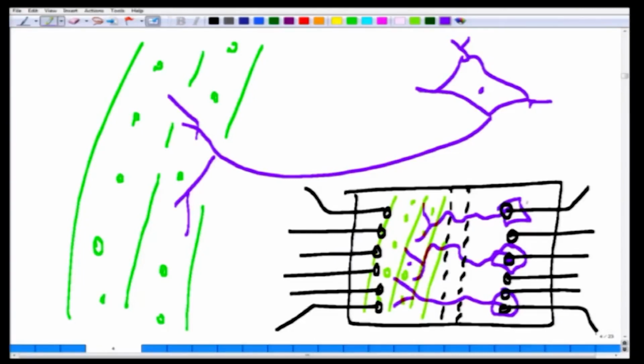So, basically what you can do out here, you can stimulate the individual motor neuron and you can see the response out here in the muscle. So, you now have in your control the individual synapses.